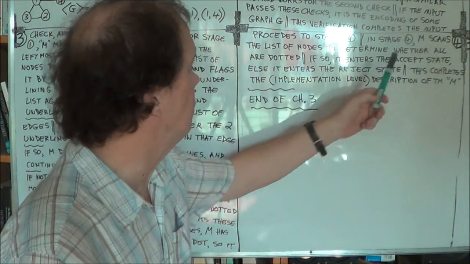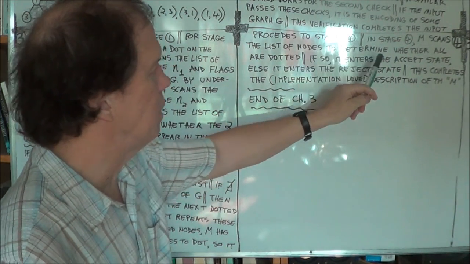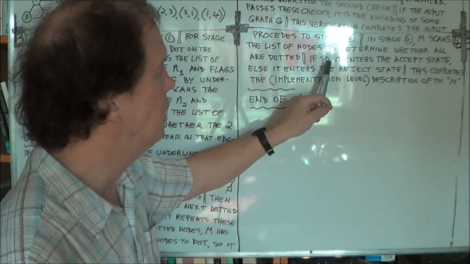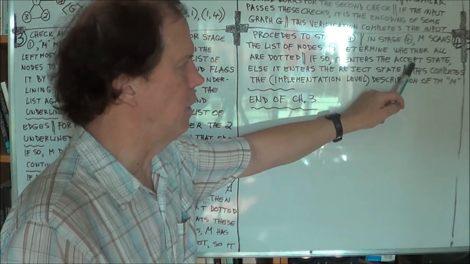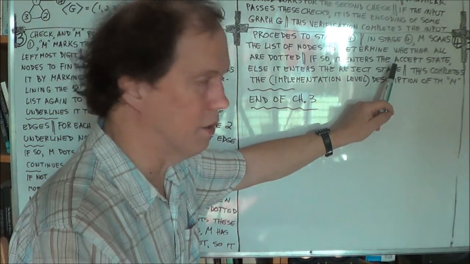So stage 4, M scans. It goes through the listed nodes and checks they're all dotted. Right? All of them are dotted. Okay, and if they are, it enters the accept state, because now it knows that the graph is connected. Okay, therefore success.